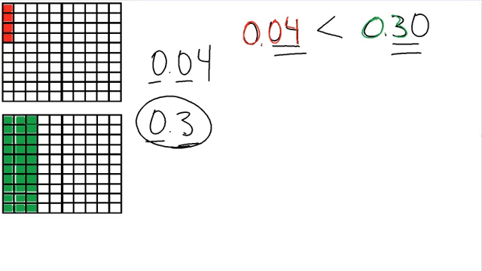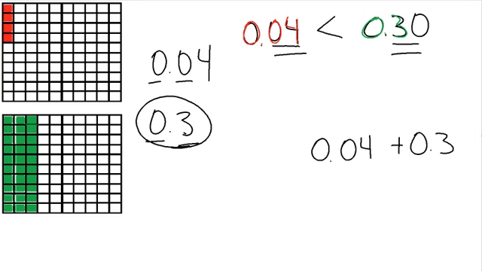One more thing I want to add is just if you had a problem where you're adding these instead of comparing them. If you were adding 4 hundredths and 3 tenths, 4 hundredths plus 3 tenths, the best thing to do is actually to stack them.